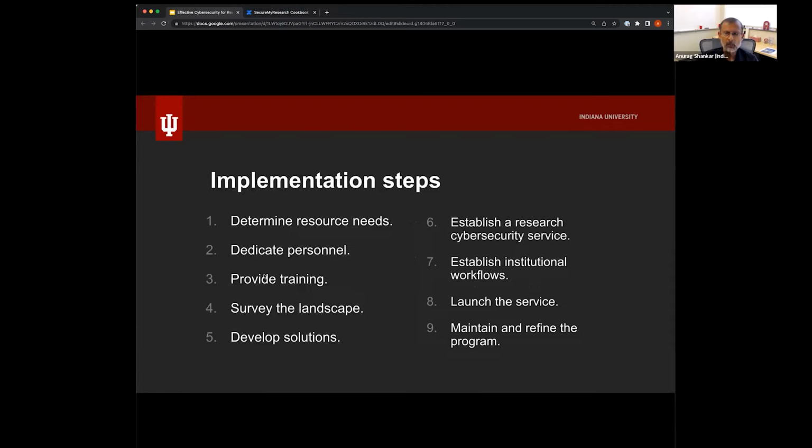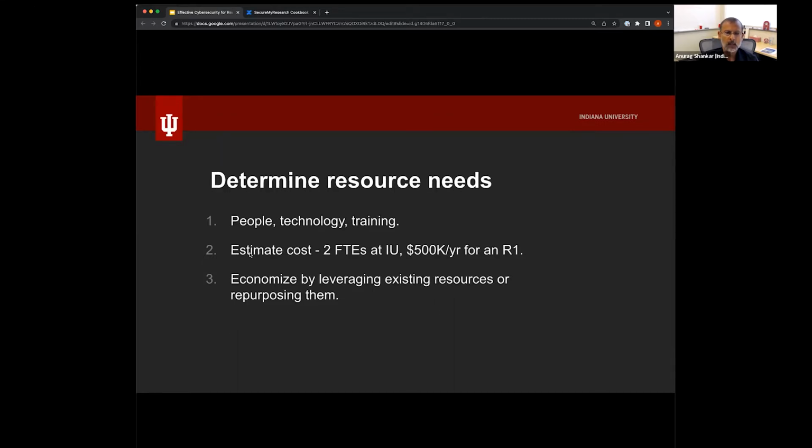So the main part of this is the implementation. And as I said, I'm going to be describing how we did it here. There are 9 steps to it, and I'm going to briefly go through each one of them, starting with determining what you need, basically how much money it takes to do this. That would be people, technology, training, and other things. In the paper there are details, but we estimate a cost based on size and other factors.